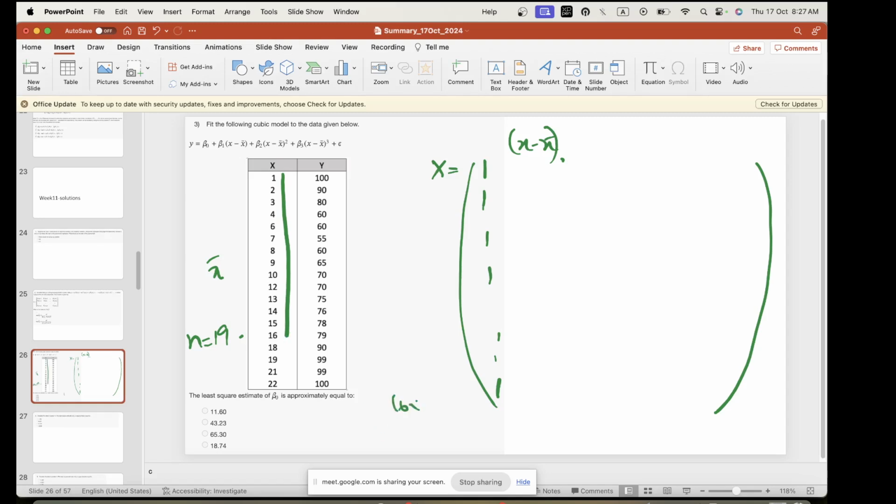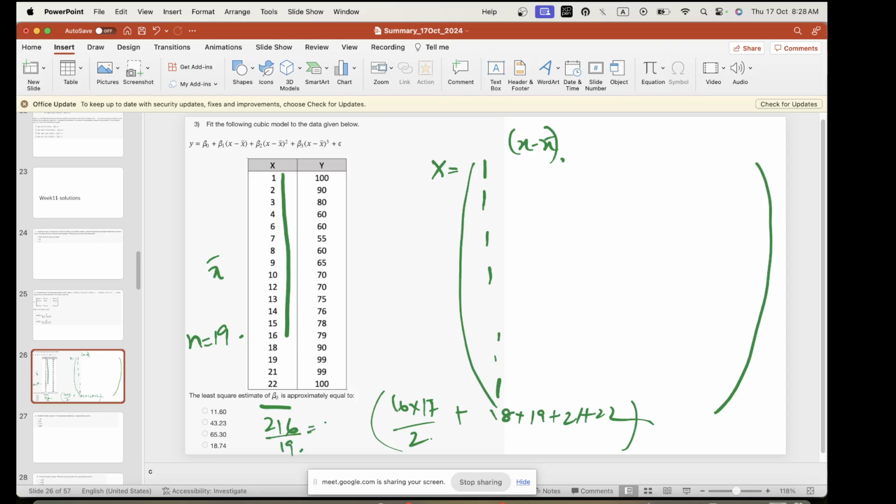So it would be 16 into 17 by 2 plus 18 plus 19 plus 21 plus 22. The total summation should be 216. So is this coming to 216? 17 into 8 plus 18 plus 19 plus 21 plus 22. Yes. So this is actually 216 by 19.